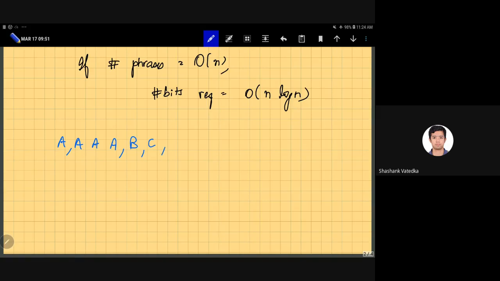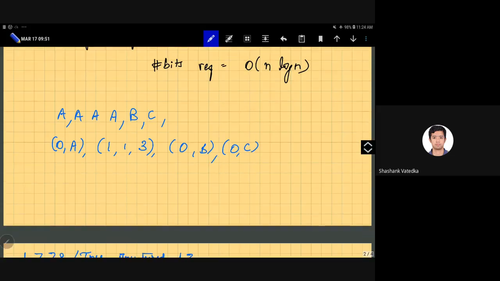Okay, so this is different from the rule that I discussed previously. So this would be encoded as 0A. The second one would be encoded as 1, 1, 3. The third phrase would be 0B, and the fourth would be 0C.